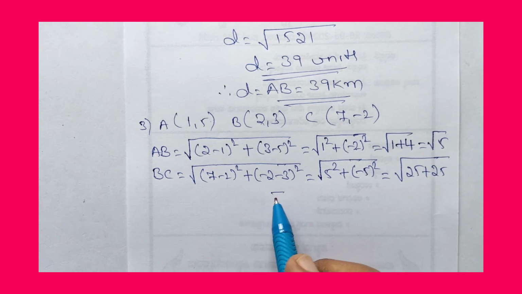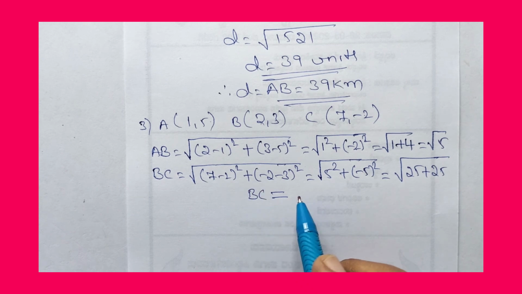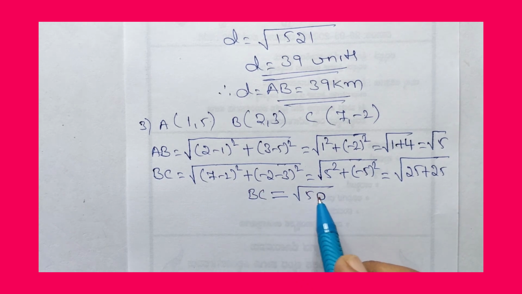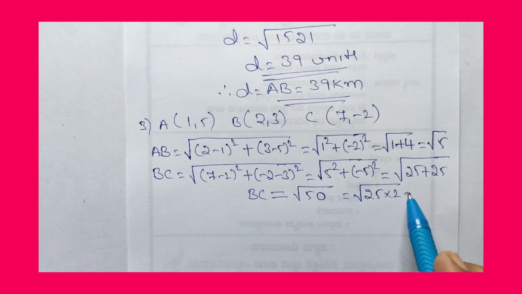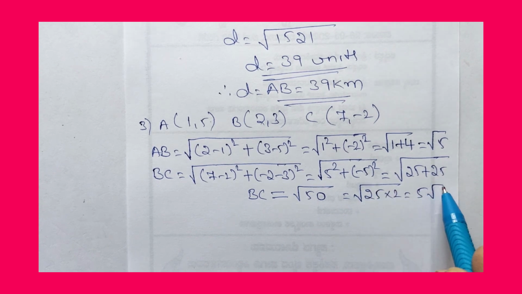So BC is equal to square root of 50, or it can be written as 25 twos. So square root of 25 is 5, so 5 root 2. So distance between B and C is 5 root 2.